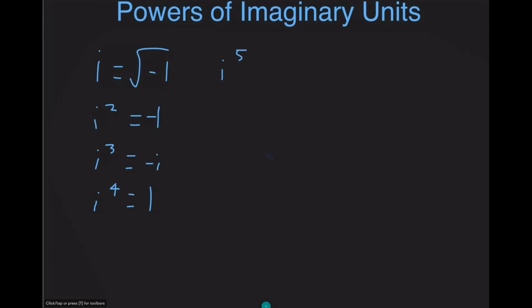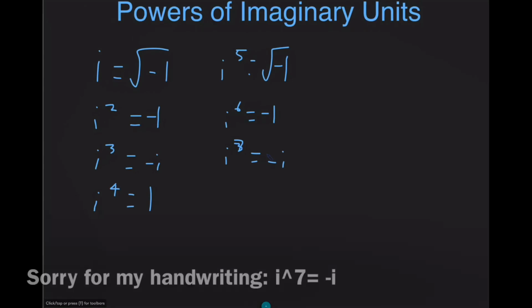So then i to the fifth equals i, i to the sixth equals -1, i to the seventh equals -i, and i to the eighth equals 1. As long as you know the first 4 powers of i, you'll be able to figure out the rest. And even if you only know the first 2 powers of i, that i equals square root of negative 1 and that i squared equals negative 1, you will be able to figure out i cubed and i to the 4th.